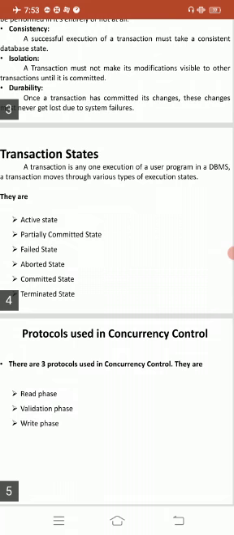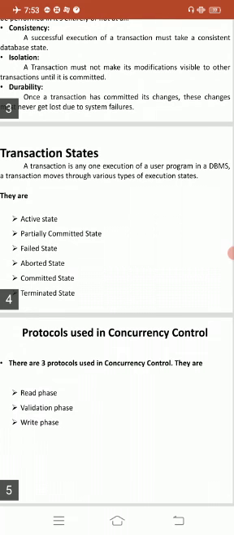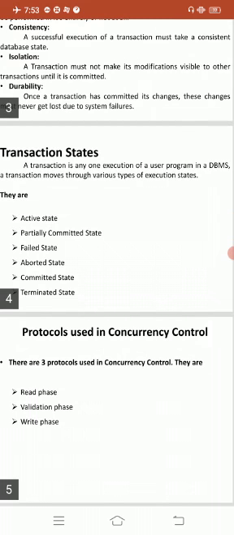What is meant by a state transition diagram? It is a diagram that shows how the transactions move. First, we begin the transaction and it becomes active. Sometimes it aborts, when there is a failure, or it becomes partially committed.